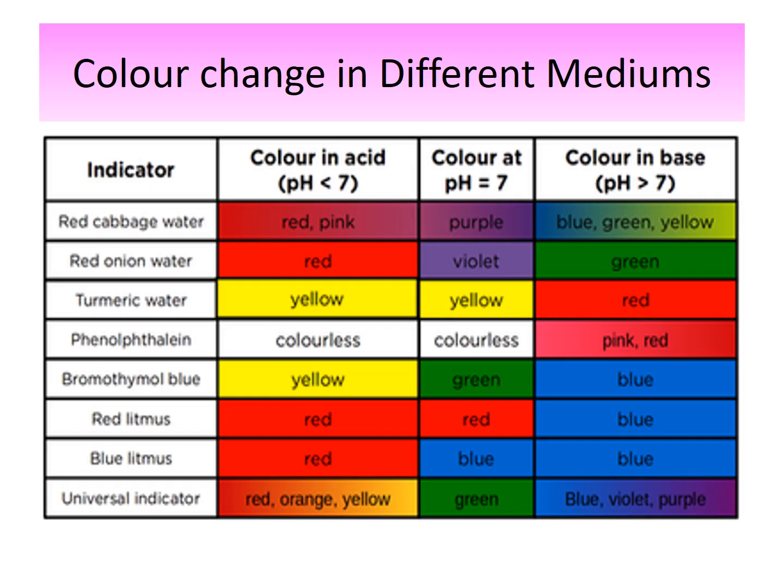So you can see the changes in color. Red onion water, turmeric, yellow but turns red in the basic medium. Phenolphthalein is colorless in the acidic medium as well as in the neutral medium, but turns pink in the basic medium. Bromothymol blue, yellow to green to blue.